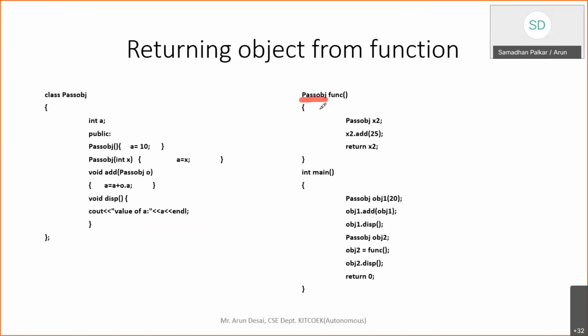So the type of object is pass obj, and I'm going to return that object using this. So we need to create an object and assign the result of this function to that object here. So the result of x2 is caught in obj2, and obj2 dot display will display the value actually returned from this function.